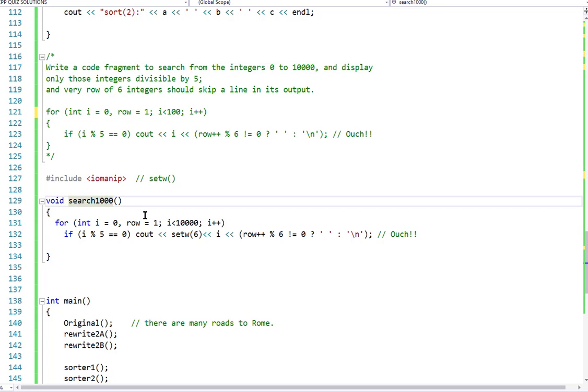So I called it search 1,000. And it simply loops through. And it says, look at each iteration of I. If the remainder is 0, that means it's divisible by 5. Print out the I, because the I is divisible by 5. But then I also ask another question.